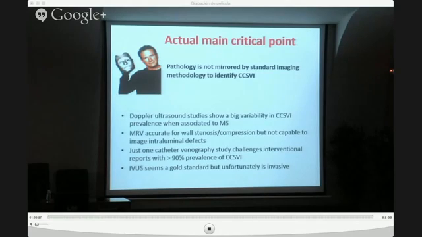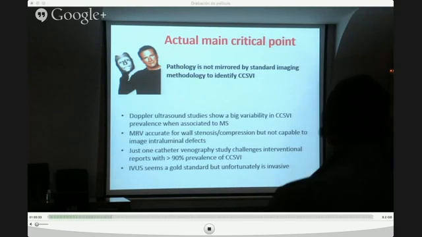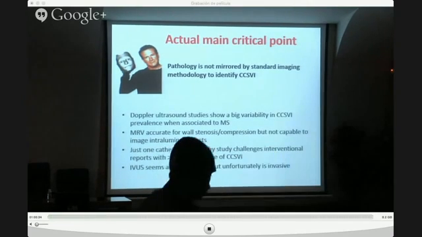There are 3 meta-analyses showing the prevalence of CCSVI in MS, but maybe due to this variability, this is certainly one of the critical points that now we have to face.